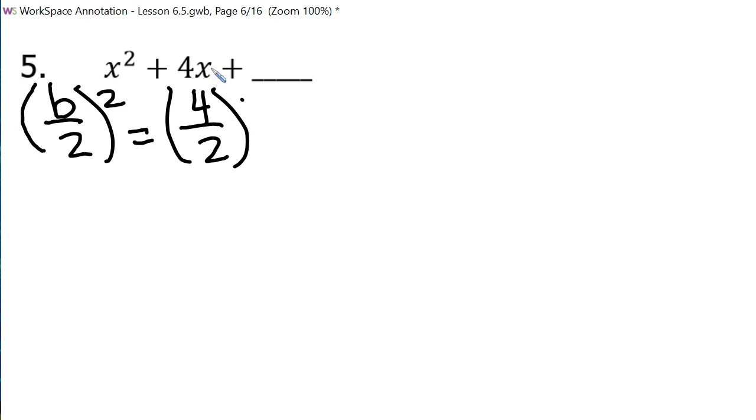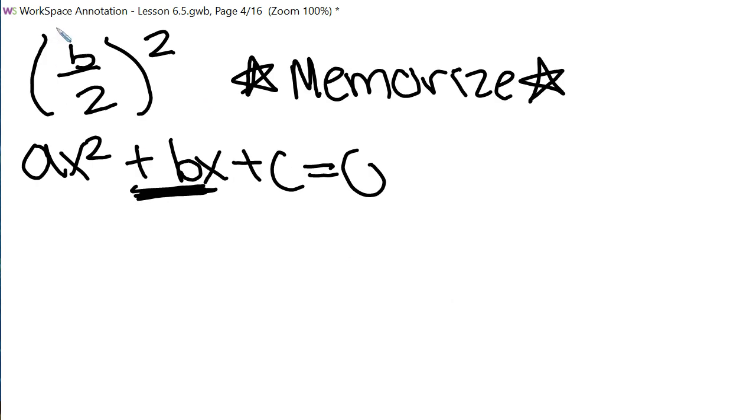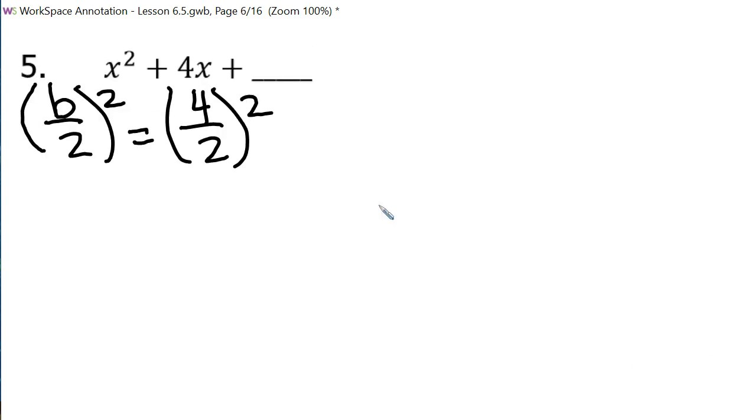Are you dividing it by 2 versus 3? We're dividing it by 2 every single time. That's the formula. You take the b value divided by 2 every single time and then square it. So what is 4 divided by 2? 2. And 2 squared is 4. So the missing term to complete the square is 4.